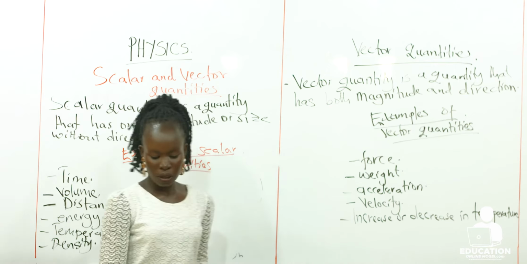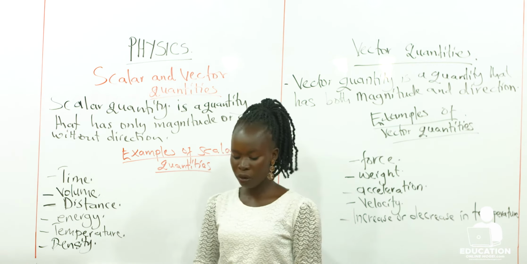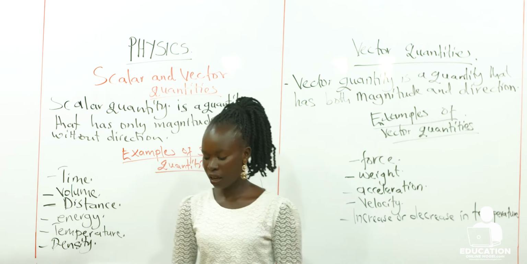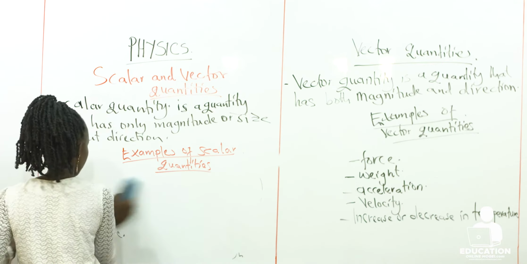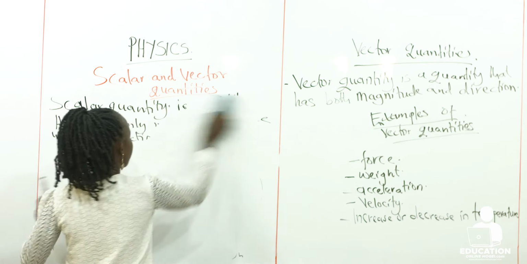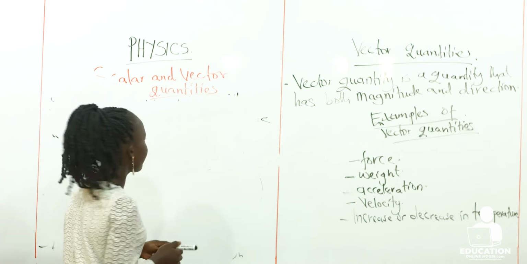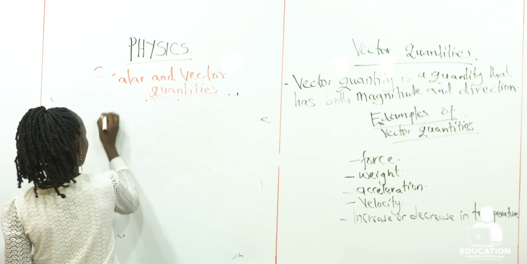So now, since we have seen so many examples, let's look at the relationship between a vector and a scalar quantity. Let us have it here. What do you think is similar between these two?